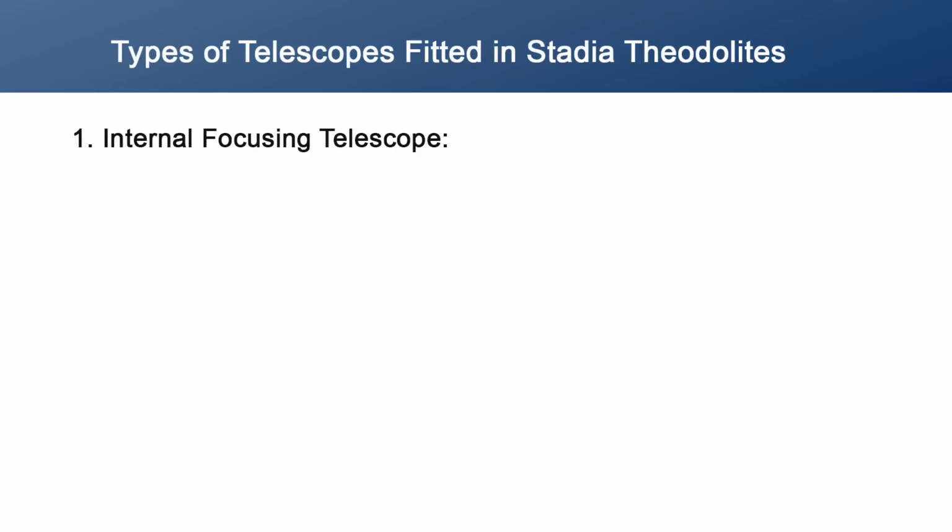Now, let us see the types of telescope fitted in a stereotheodolite. When it comes to the telescope in a stereotheodolite, there are three main types: internal focusing telescope, external focusing telescope, and external focusing telescope with analytic lens. Let us first see the internal focusing telescope.